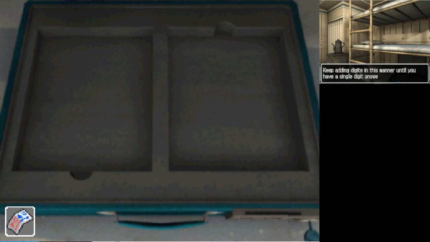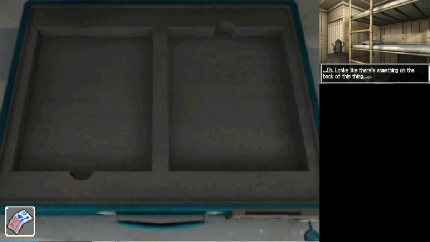Keep adding digits until you have a single digit answer. The digital root of 376 would be 3 plus 7 plus 6, 16, 1 plus 6, 7. Therefore, the digital root of 673 is... 16, 7. Got it. I see. Just keep adding numbers until I get a single digit number.